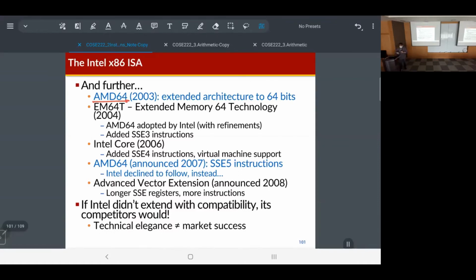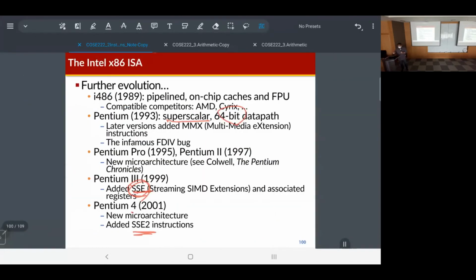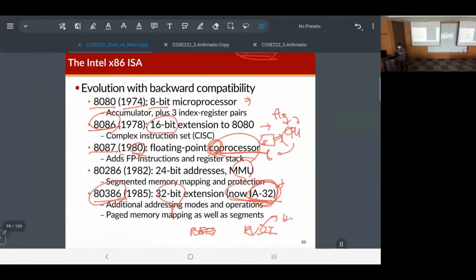That's why, if you are interested in the Linux operating system, you can find that applications compiled for the 32-bit instruction set have a postfix like i386, because the 386 first supported 32-bit extensions.